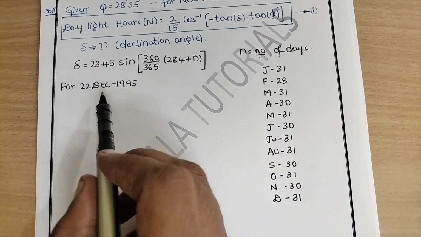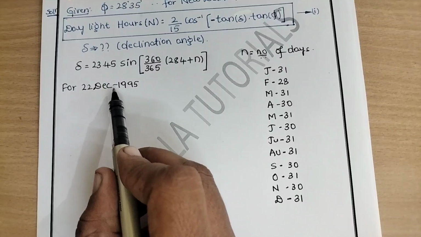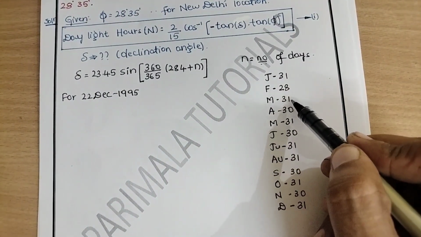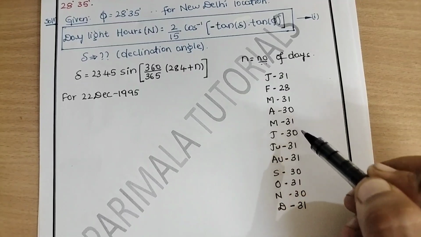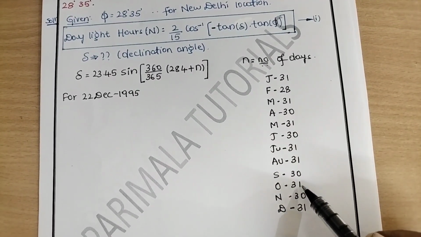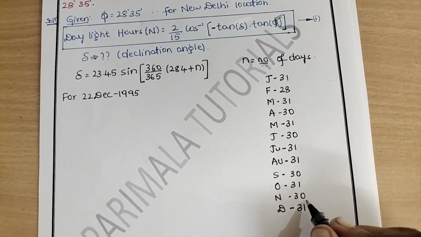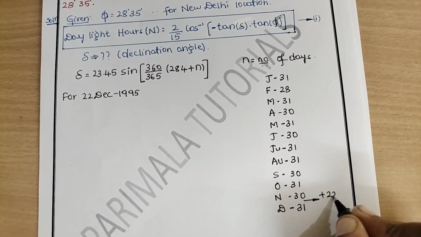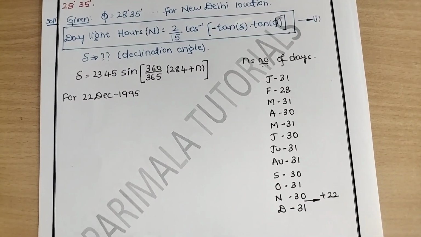But what we want it is for 22nd December 1995. So 31 plus 28 plus 31 plus 30 plus 31 plus 30, 31 plus 31 plus 30 plus 31 plus 30. So here is the value of 22, that is December 22nd, come somewhere over here.